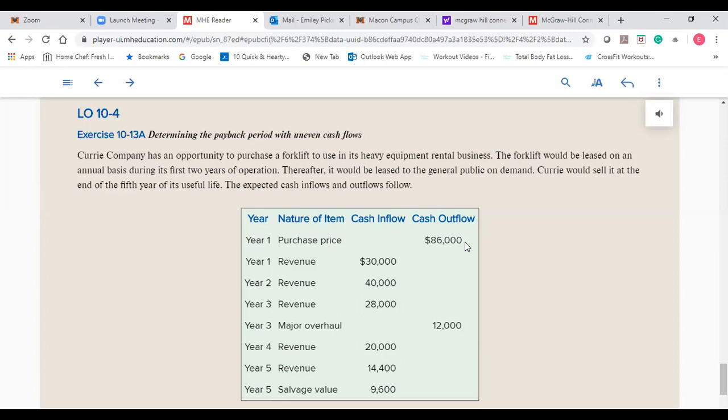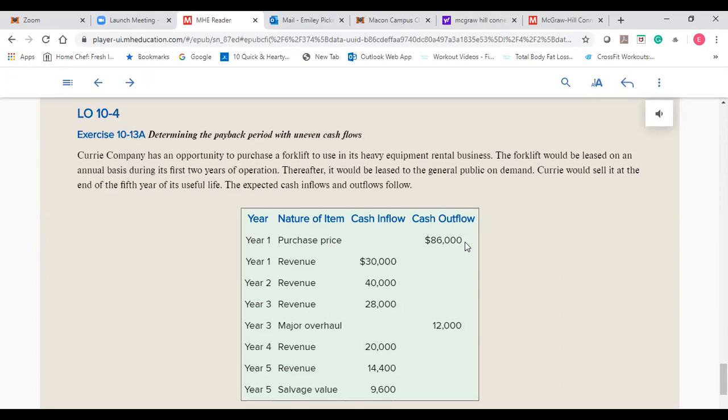is you have a cash outflow of 86,000. And so then year one, you have cash inflows because of that of 30,000. Year two, you have cash inflows of 40,000. You're left with 16.